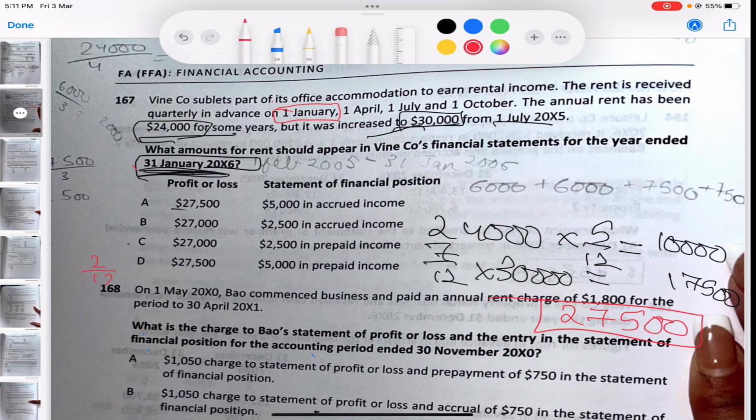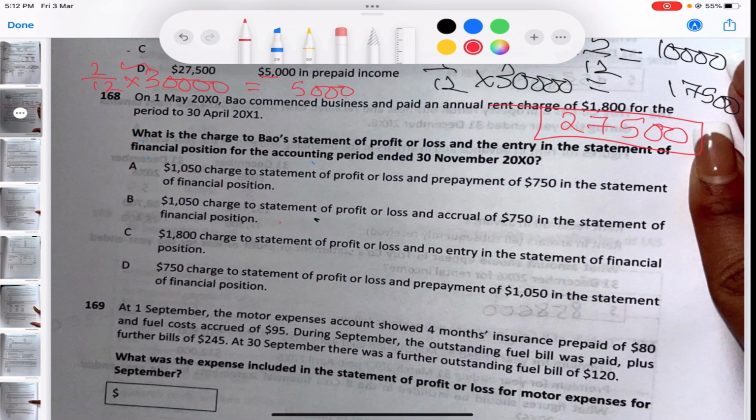So 2 by 12 of 30,000 was also prepaid in my last January, which would be 5,000. Okay, so 5,000 is prepaid. So my answer for question number 167 would be D actually.